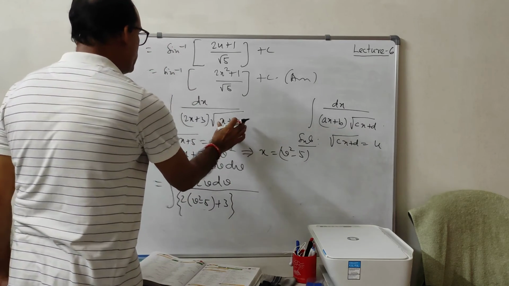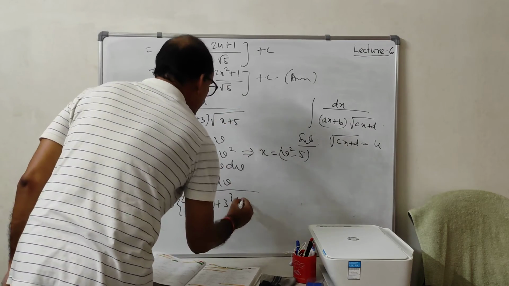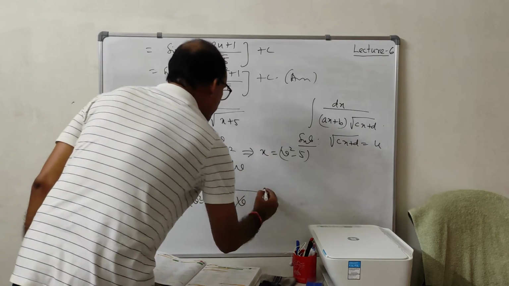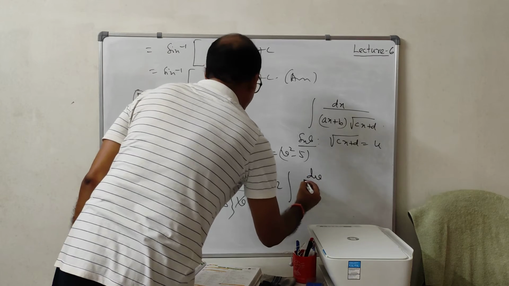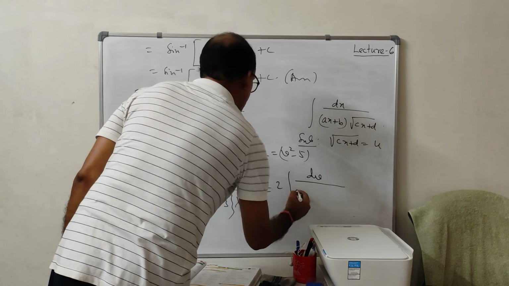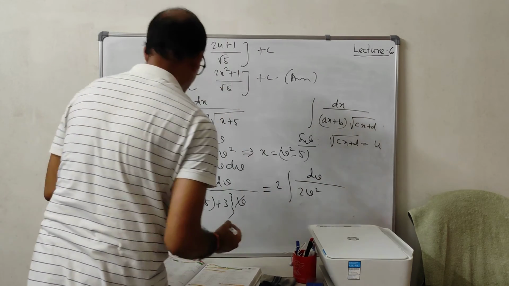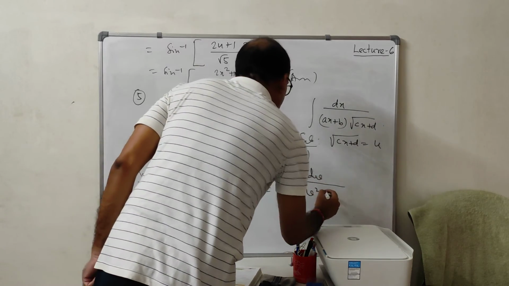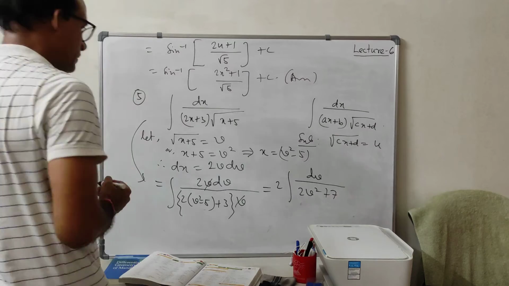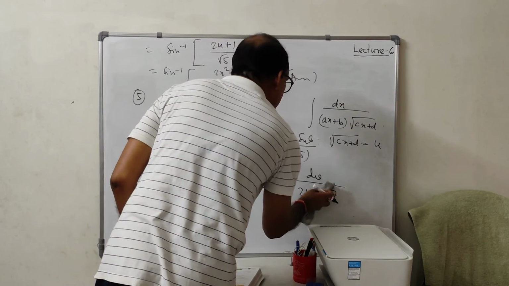And this root over of x plus 5 as v. So v we cancel out from both sides. 2 integration dv by, this is 2v square minus 10 plus 3, which is minus 7.